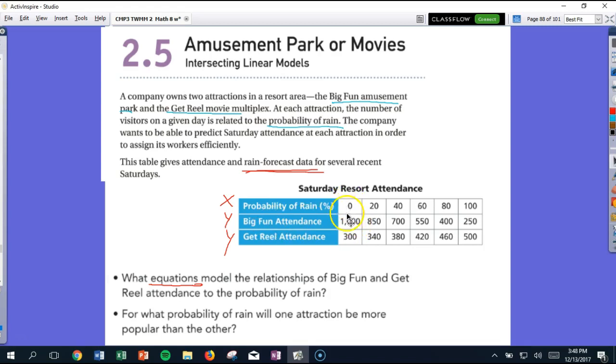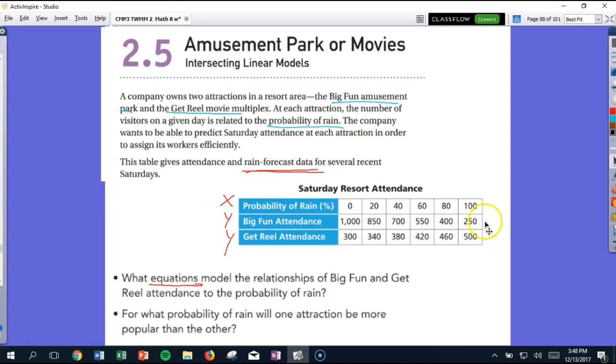It goes on up, and it tells us what the attendance has been at Big Fun amusement park. If there's a 0% chance of rain, 1,000 people generally attend. As the probability of rain goes up, the attendance at the amusement park generally goes down. But at Get Real Movies, as the probability of rain increases, the attendance at the movie theater, because it's inside, also increases.